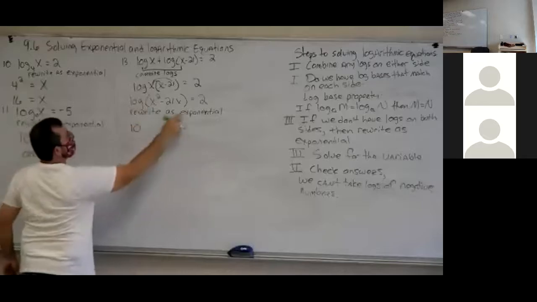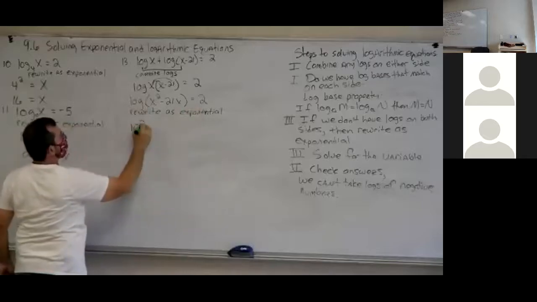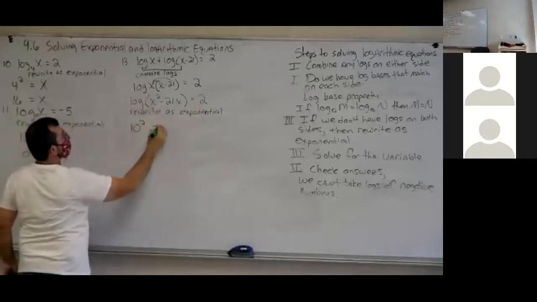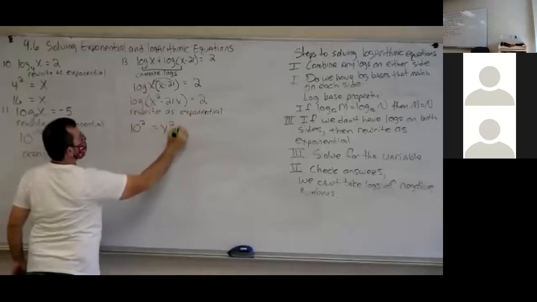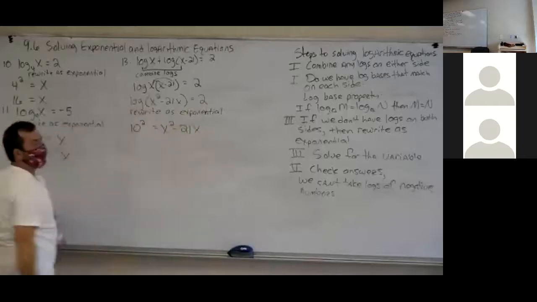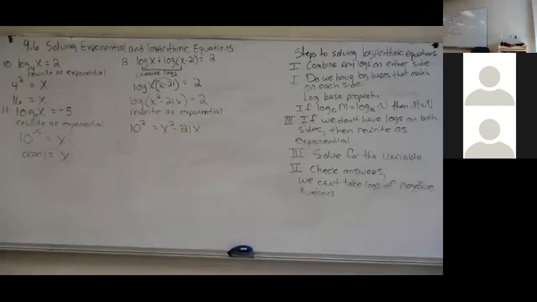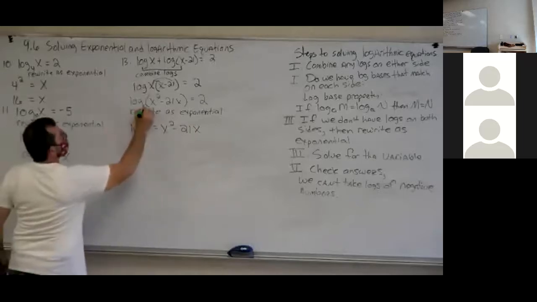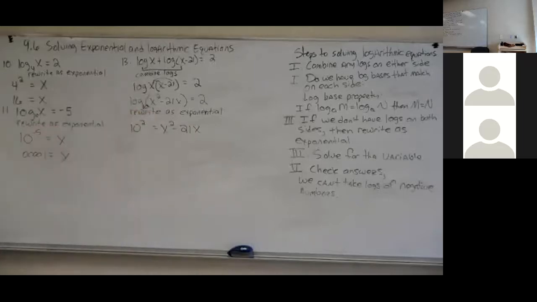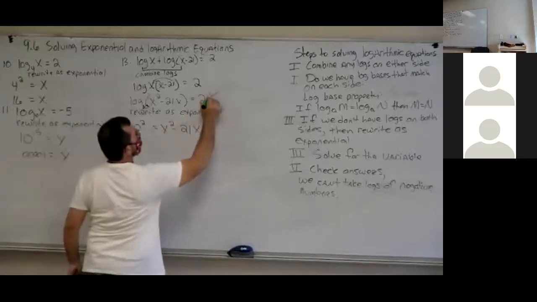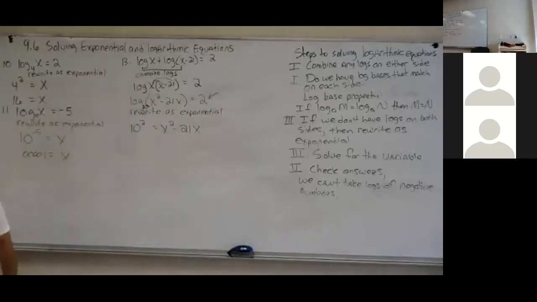So I got 10 to the exponent 2 is going to equal the result of x squared minus 21x. And just remember, that was a 10 down there. So the trick on this is just remember this number over here is the exponent, okay?